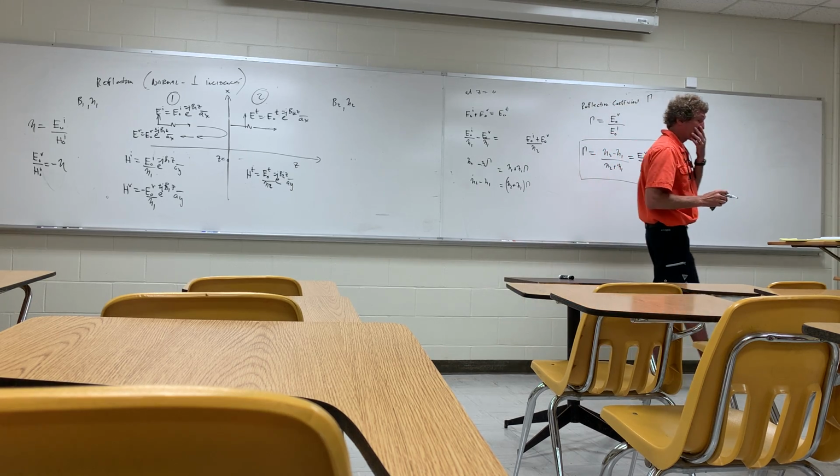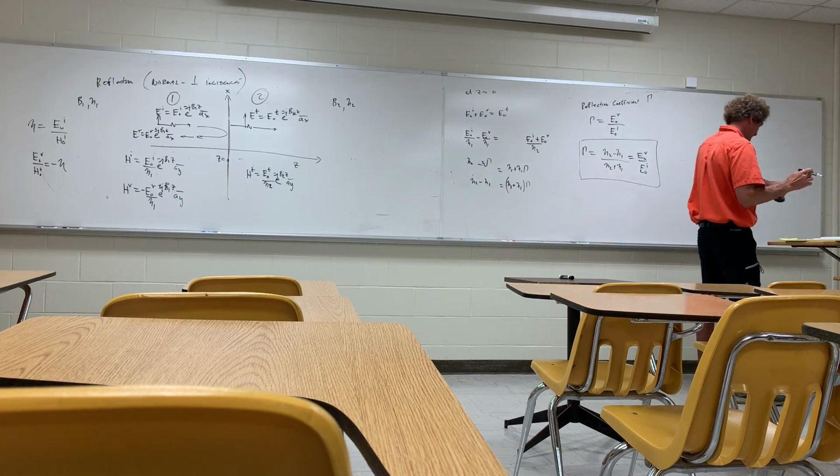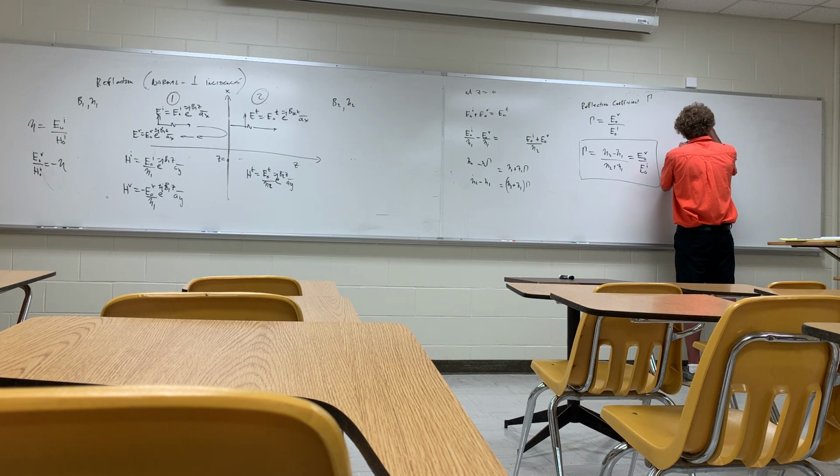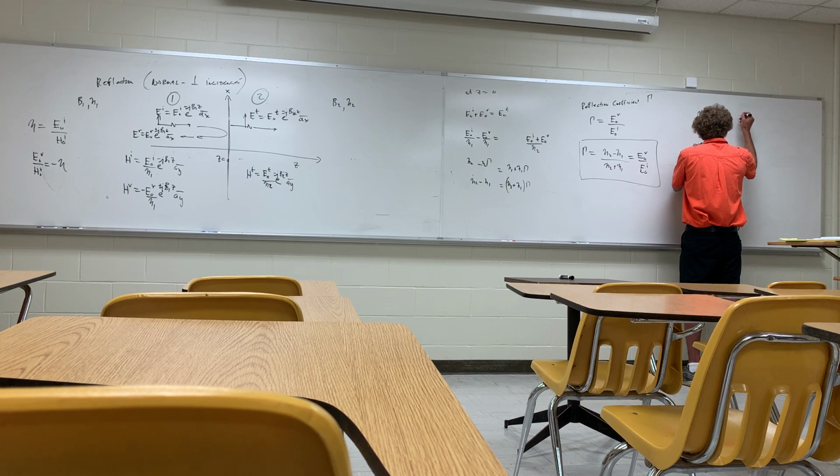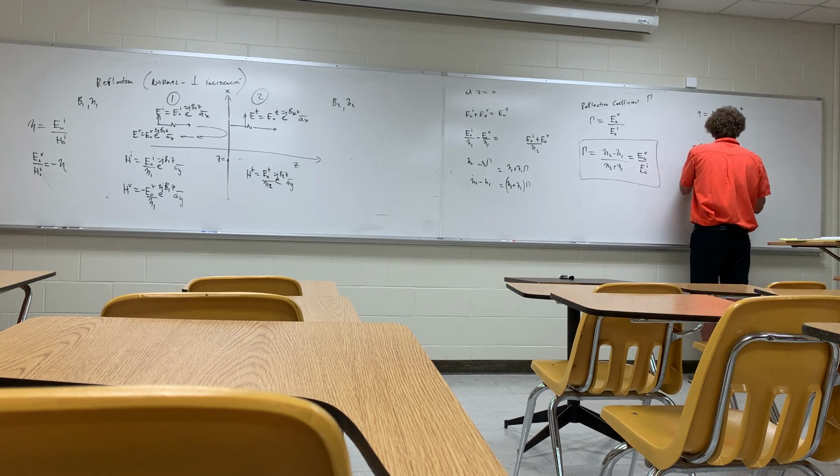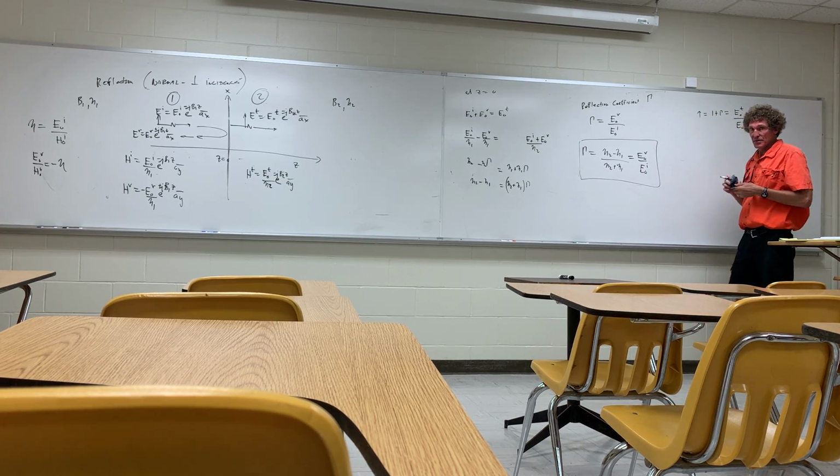Now, there's also a transmission coefficient. The transmission coefficient is equal to 1 plus the reflection coefficient, and that's the ratio of the transmitted electric field to the incident electric field. Y'all follow me on this?